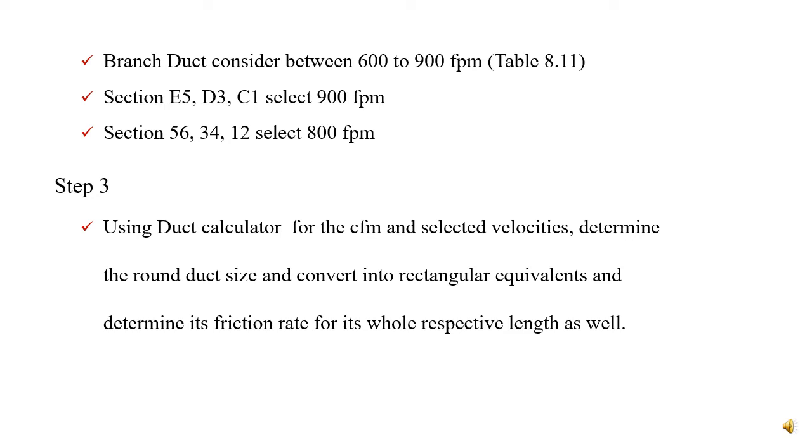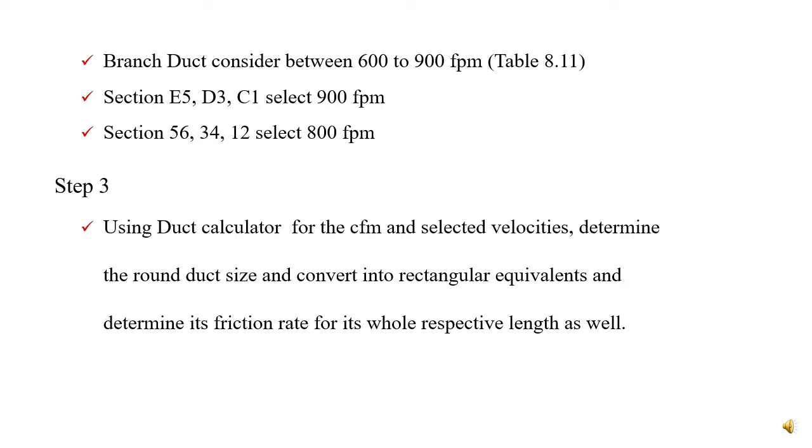Yeah, this is the recommended velocity for this example. From E5, D3, C1 you select 900, and for section 56, 34 and 12 you select 800 FPM.